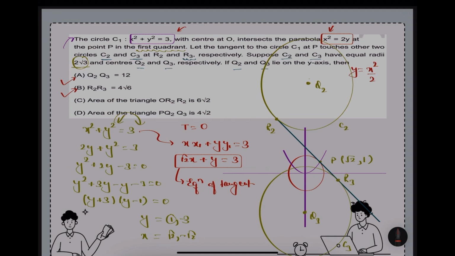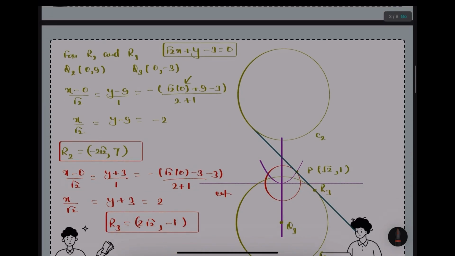And that is also a correct option. Now, the area of triangle O R2 R3.